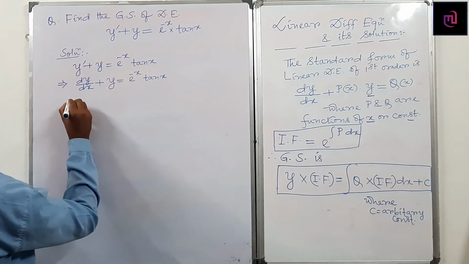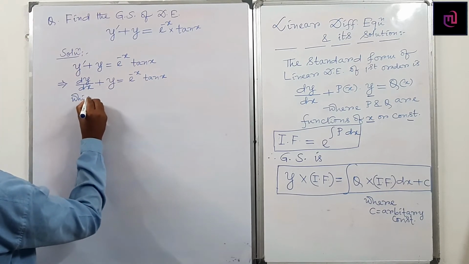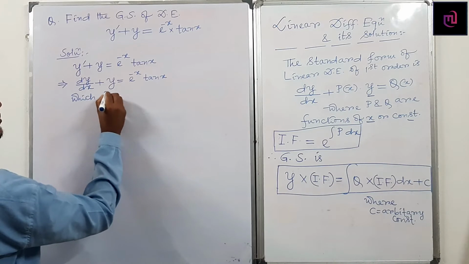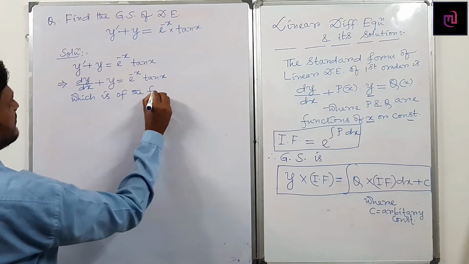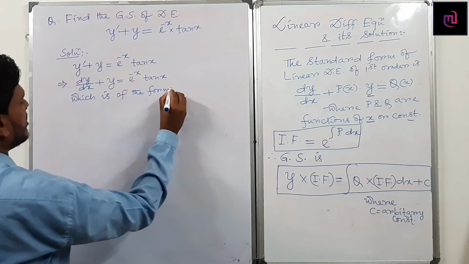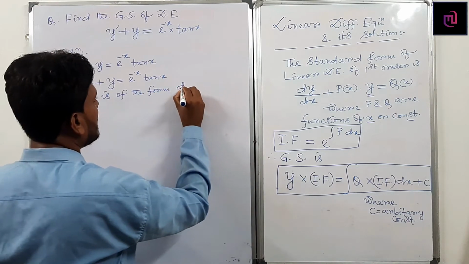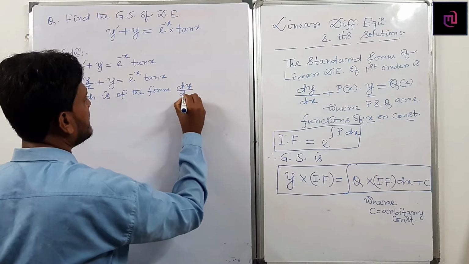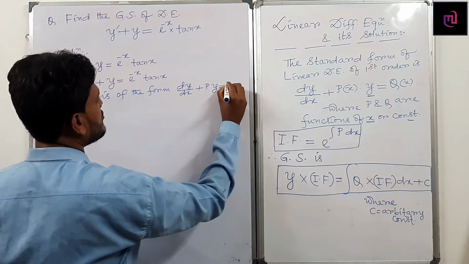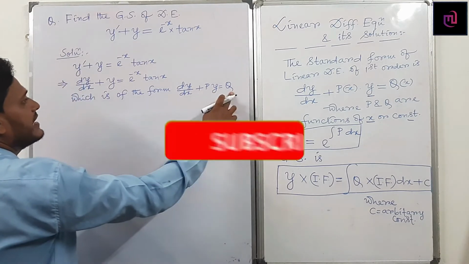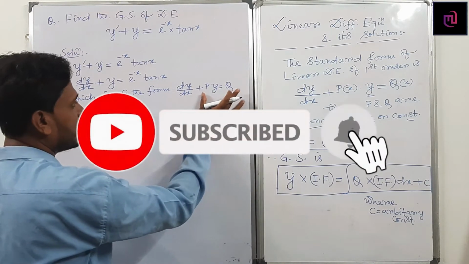Which is of the form dy/dx + Py = Q, where P and Q both are functions of x or constants.